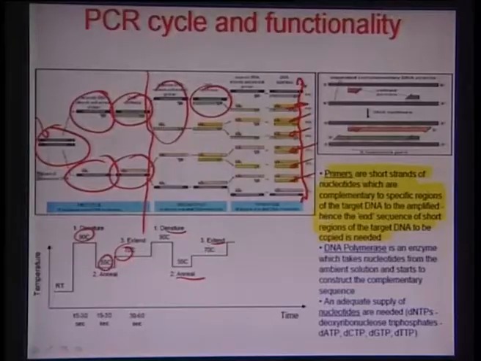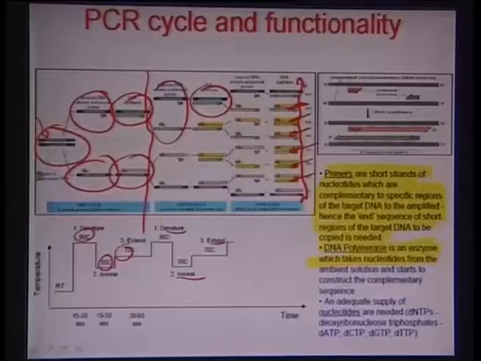So if a signal is stronger, then definitely it is appropriate to assume that the parent concentration of the DNA strand that we were looking at is a huge number. So there is a proportionality in the concentration of what you are detecting to the signal that you are getting from the system. So that in a nutshell is what primers do.